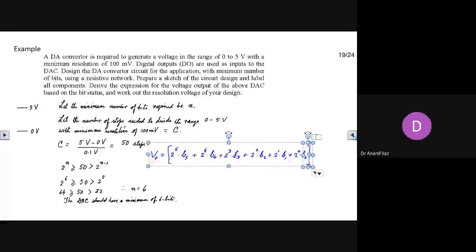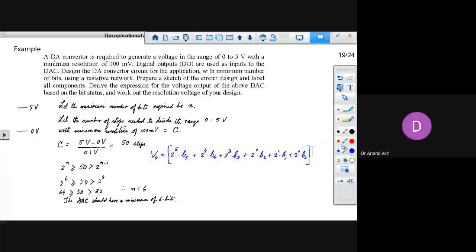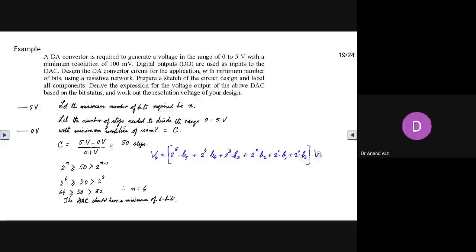So this multiplied by VS divided by 2 raised to 6. Okay. So this is the expression, and you have to derive this expression.